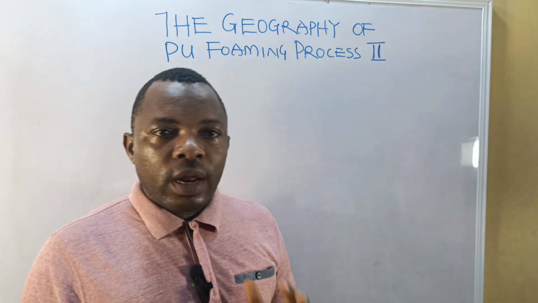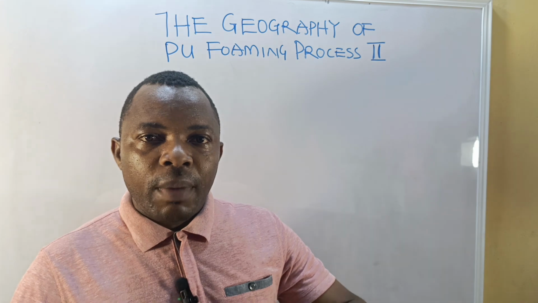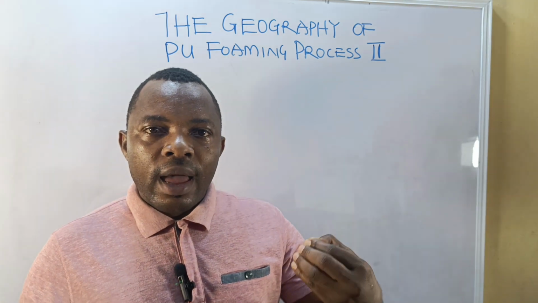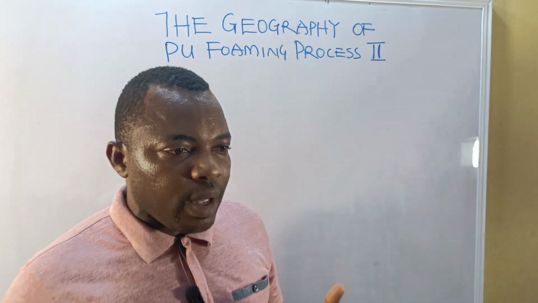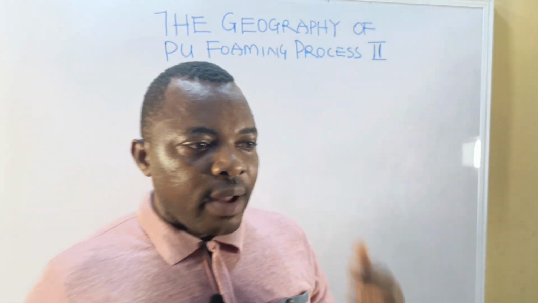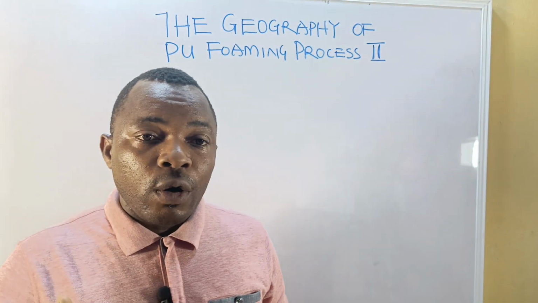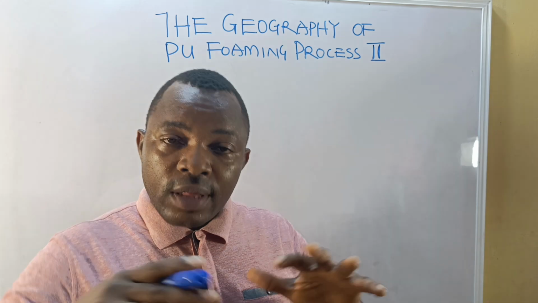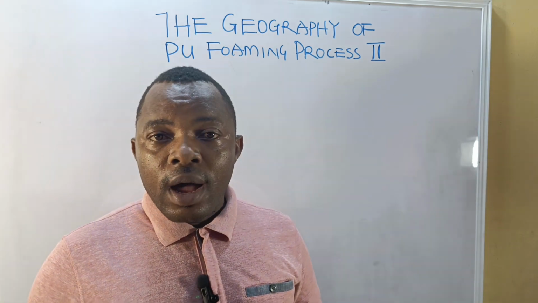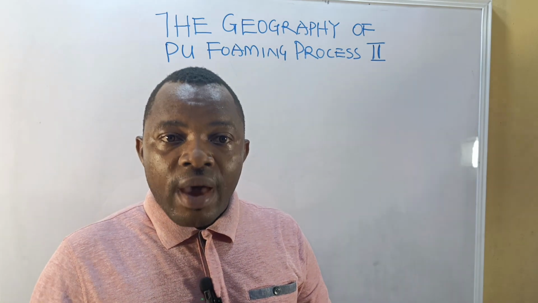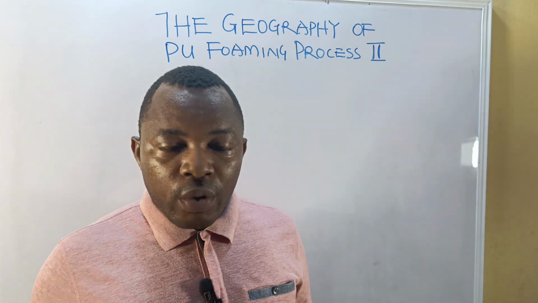Let us first know what is meant by atmospheric pressure. Atmospheric pressure means the weight of air above us that is acting downward. And this weight of air varies from location to location.